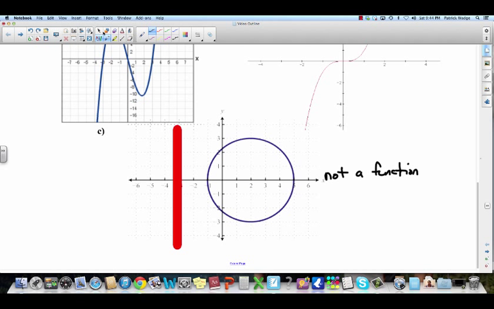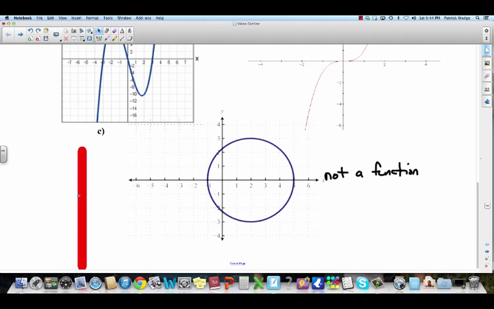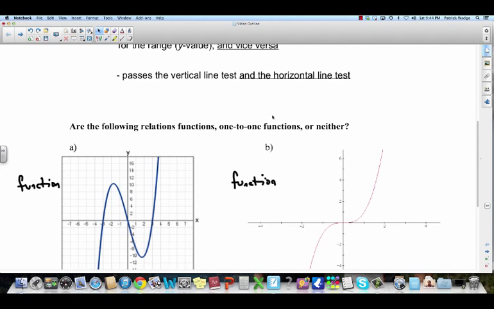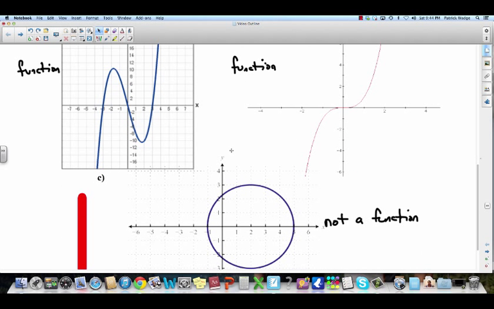But we still have some work to do with the first two questions, because we have to figure out whether it's a one-to-one function. How do we know if it's a one-to-one function? It has to pass the horizontal line test. So what's the horizontal line test? Well, it's almost exactly the same. You now take a horizontal line, and you ask yourself the same question. Is there ever a time when this blue curve crosses the red line in more than one spot?